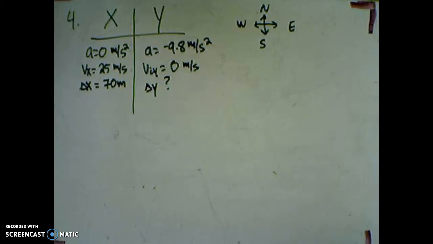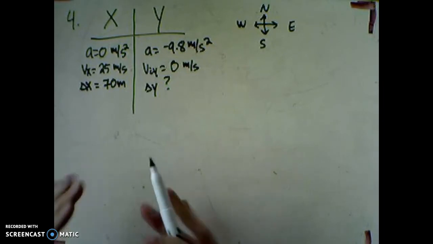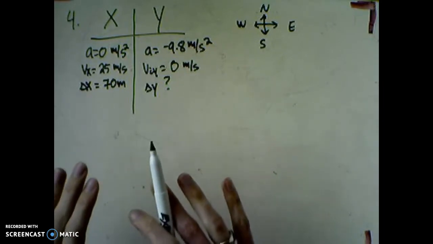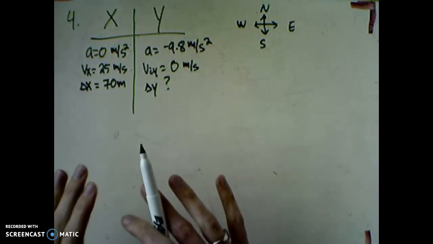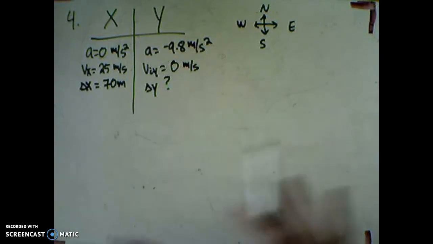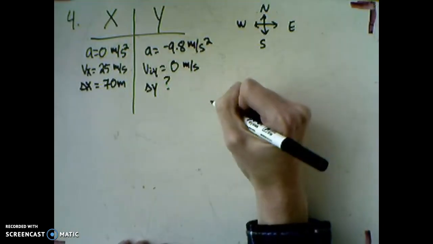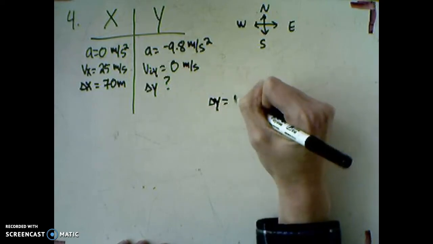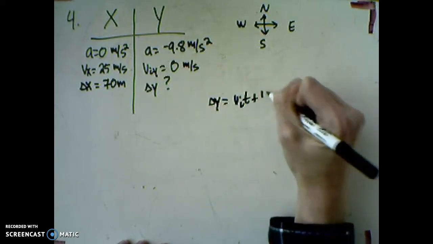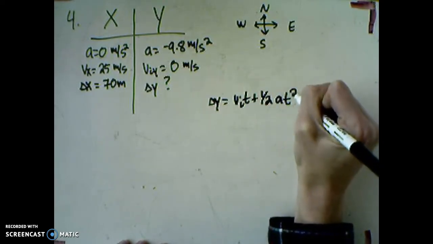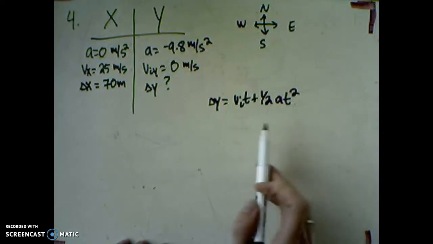To figure out delta y, I'm actually going to do sort of the reverse of problem 3, where I figure out time using the x direction components and then plug t in to find y. So ultimately, I am going to be using my delta y equals VIT plus 1/2 AT squared equation, but I don't have all of these parts.